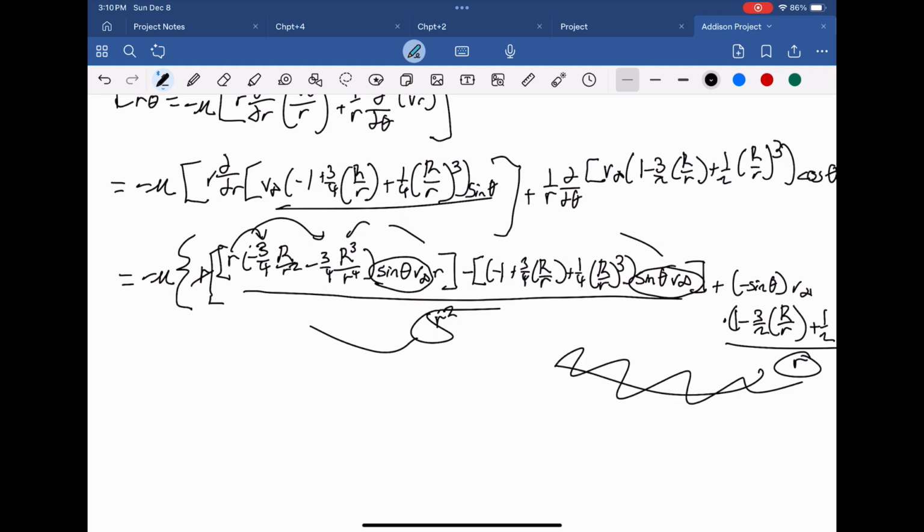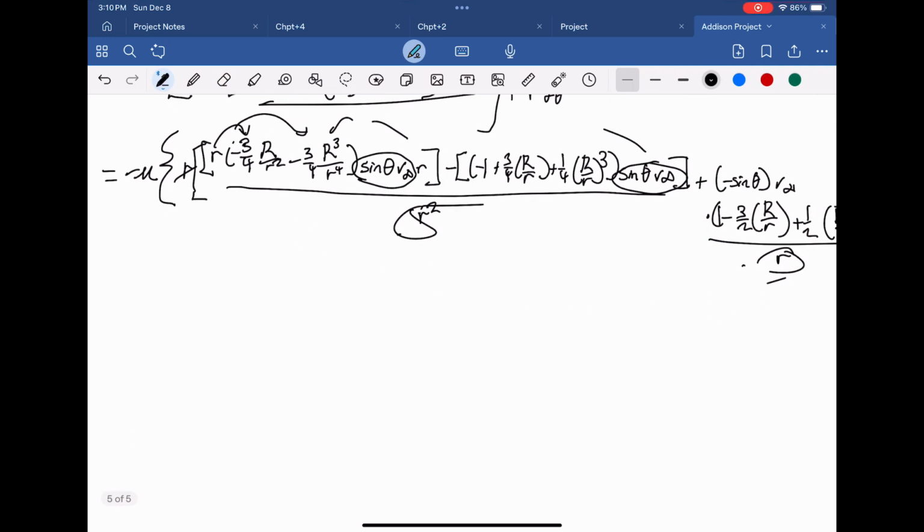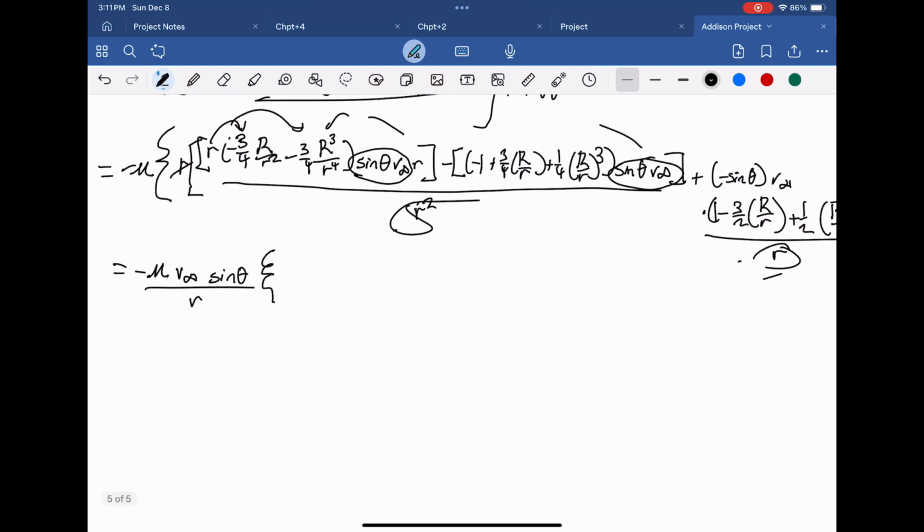So we're also going to take out a 1 over r from each equation. So it can be heavily simplified down, and we're just going to have that tau theta r is equal to negative mu v infinity. We took out a sine theta and a 1 over r, which just leaves us in the middle with the r over r terms.